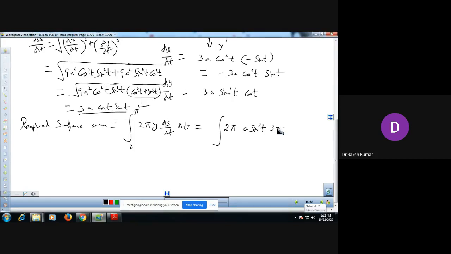So you can substitute 3a cos of t into sine of t into dt, with limits 0 to pi. So it comes out to be this one. 2 times 3 is 6. Pi is common, a square is common. Inside we should have 0 to pi, and we have sine 4t into cos of t dt.